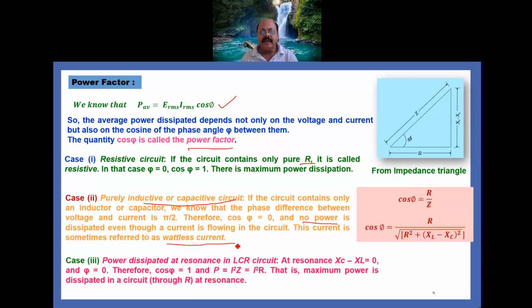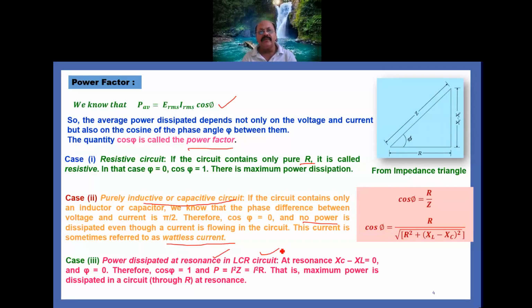Now the case 3rd, power dissipated at resonance in an LCR circuit. At resonance, XL equal to XC, that is XL minus XC equal to 0. So in that condition, the impedance becomes equal to the resistance of the circuit, that is, the phase angle phi equal to 0.